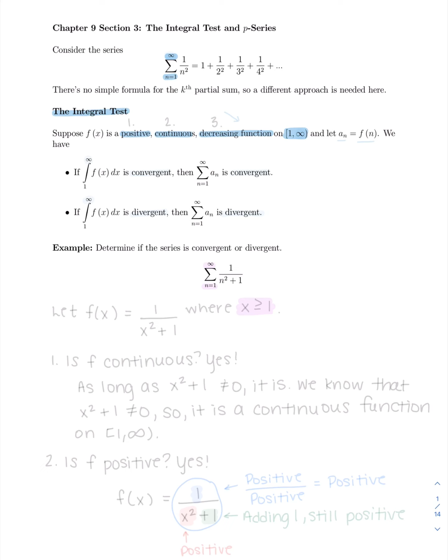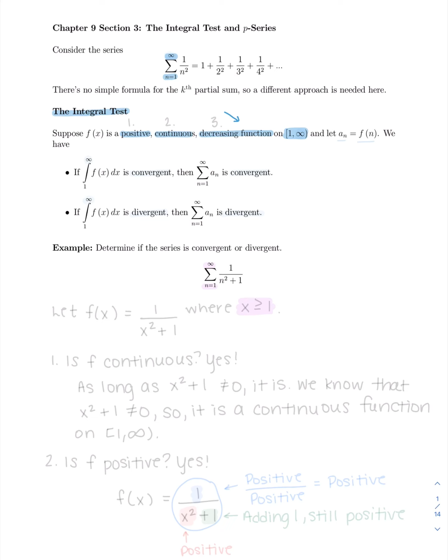They start at 1 and go off to infinity. By decreasing, remember, that means our function has to be going down. It means each term has to be smaller as we go from left to right. Pretty much, you could have 1 or 2 pieces that are not doing that, but overall that should be the pattern: it's continuous, it's a positive function, and it is decreasing.